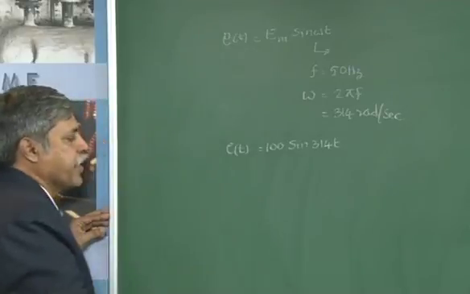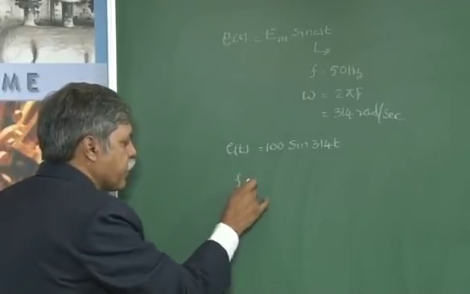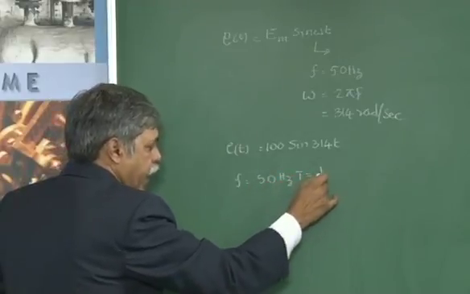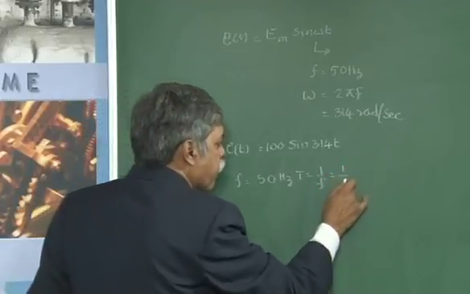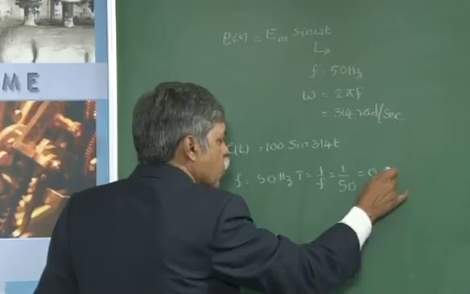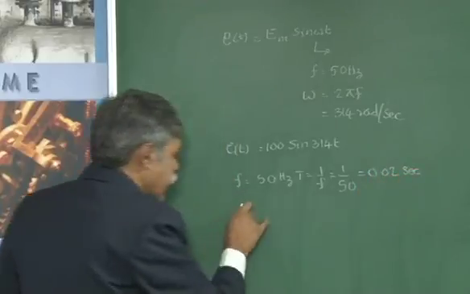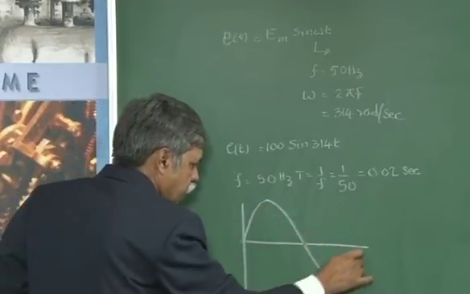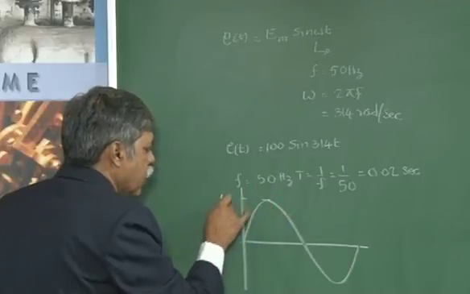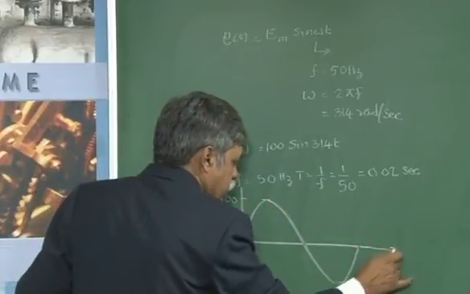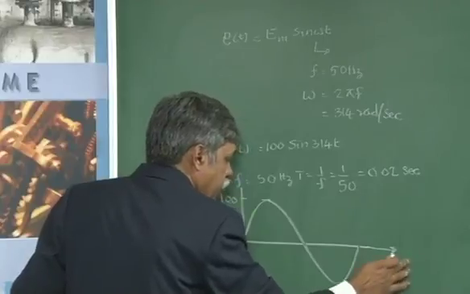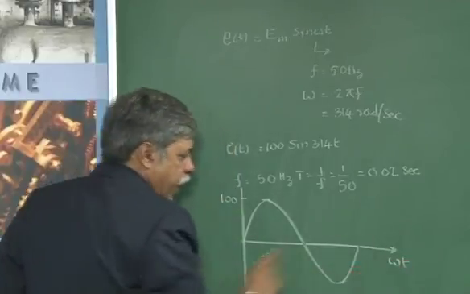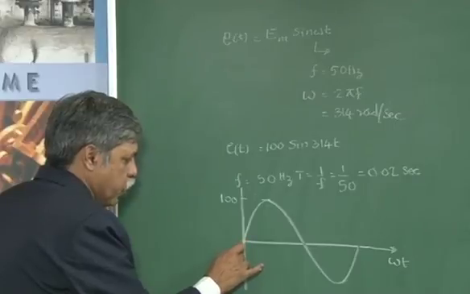Now I can have any instant t. If frequency is 50 hertz, the time period T is 1 upon f. So this comes to be 1 by 50, which is 0.02 seconds. For the sinusoidal wave to complete one full cycle with a maximum value of 100 volts, when it is rotated at an angular velocity of omega equal to 314 radians per second, for a given time omega t will be the angular displacement from a reference value of 0 degrees.